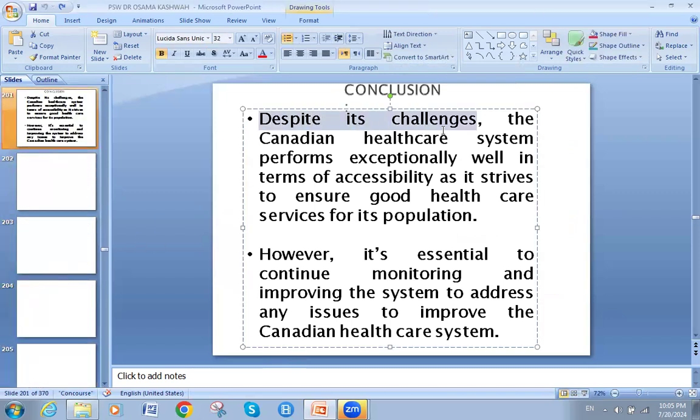Despite these challenges, the Canadian healthcare system performs exceptionally well in terms of accessibility as it strives to ensure good healthcare services for its population. However, it's essential to continue monitoring and improving the system to address any issues.